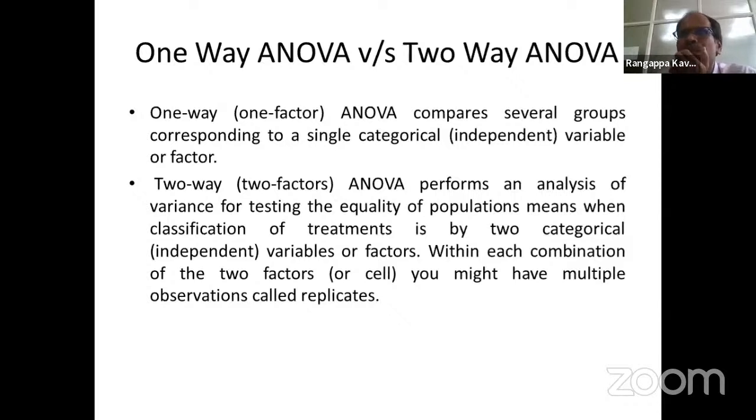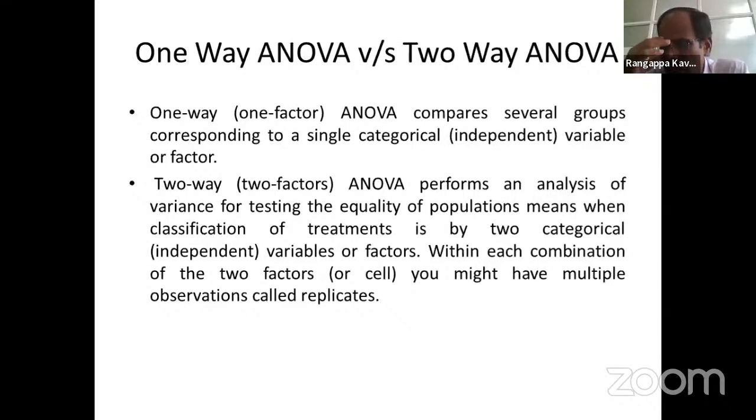If you want to compare the average salary simultaneously across the streams of specialization and across the different colleges, in that context two-way classification is important, and we can ask whether the stream has its influence on the average salary package and whether the college has its influence on the salary package. We can work this out simultaneously using ANOVA.